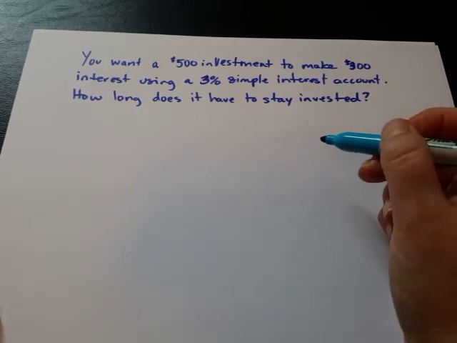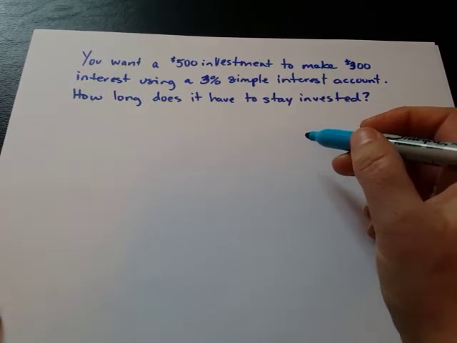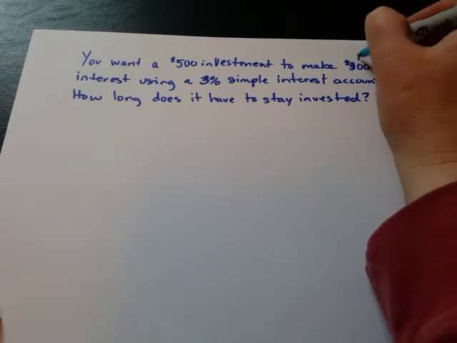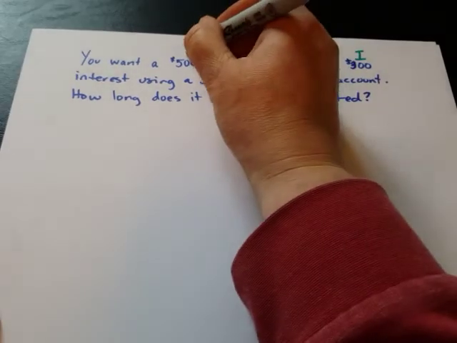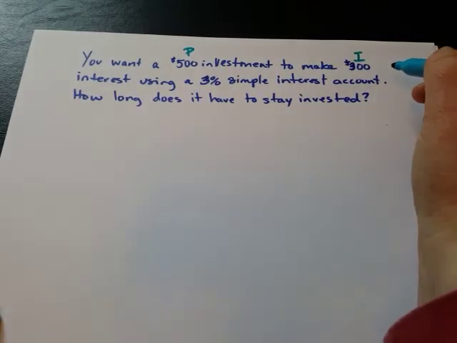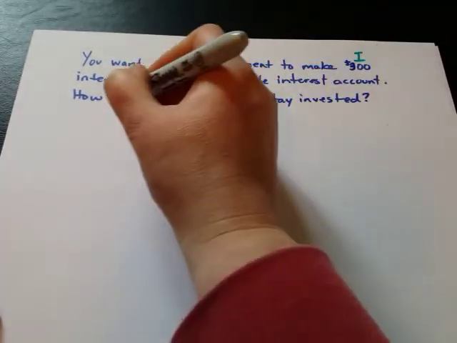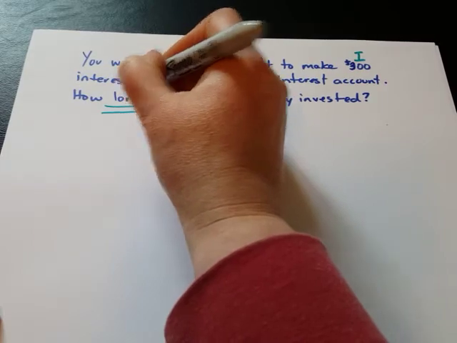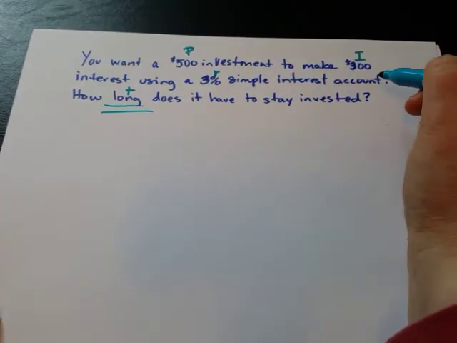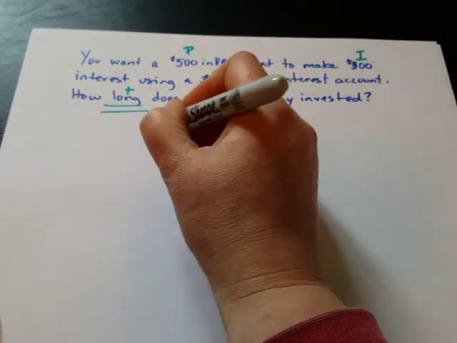So you want a $500 investment to make $300 interest. They're telling us the interest, what we start with in terms of principal, and the rate. How long is just another word for time. So what we're going to be solving here is time.